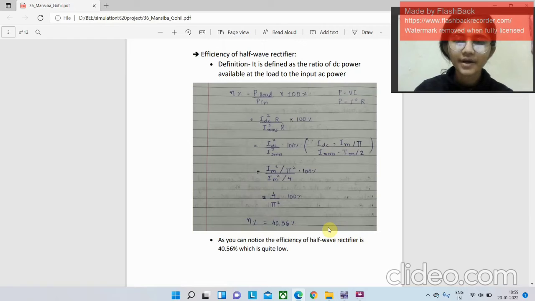Now, as we know, power equals I square R. I have done the calculation as shown, and we will get the efficiency formula as 4 by pi square into 100, which is in percentage, and the final answer is 40.56 percent. Now, as you can see, that is quite a low value which we get in the half-wave rectifier for the efficiency part.